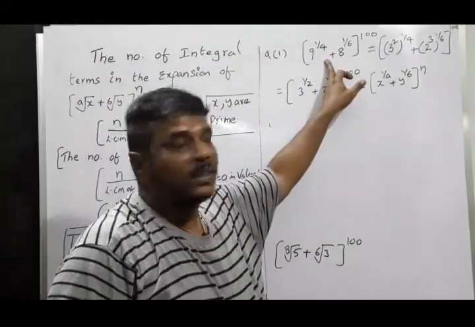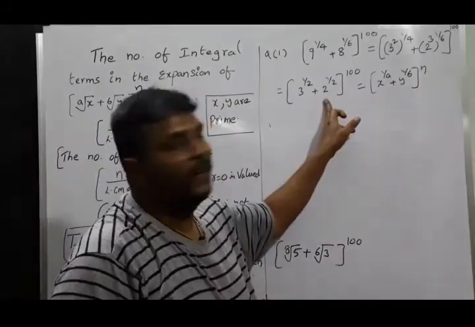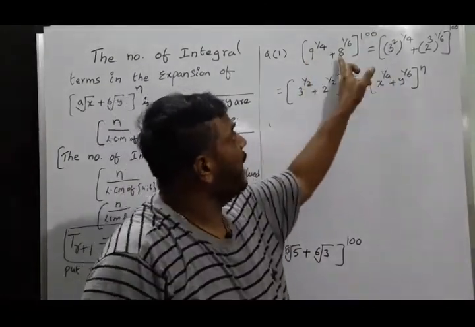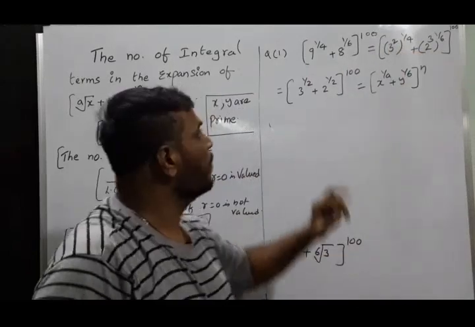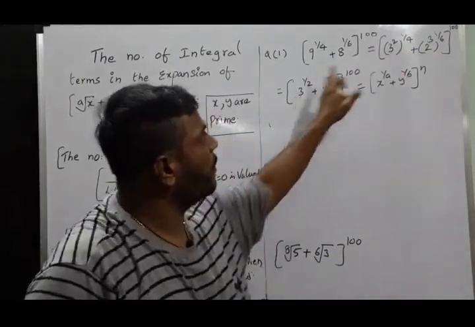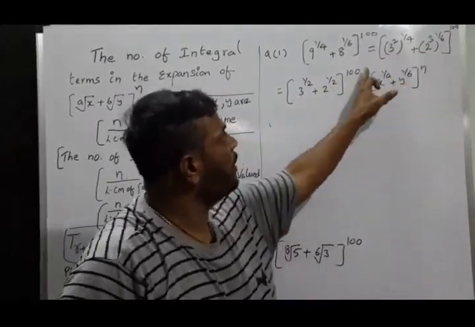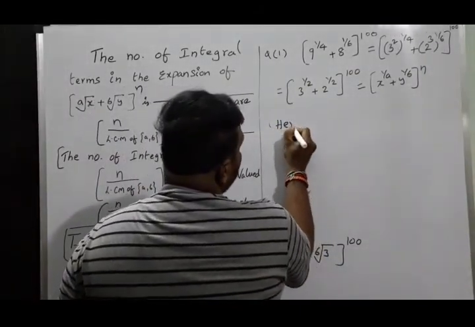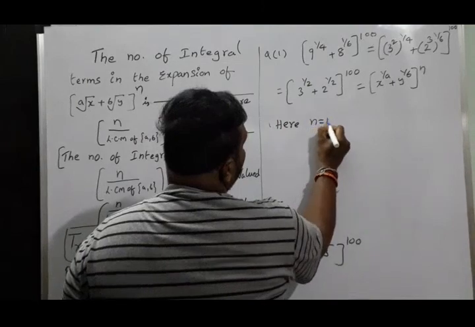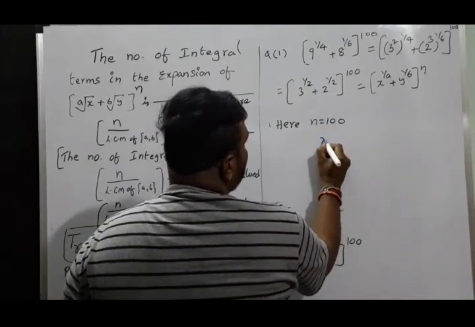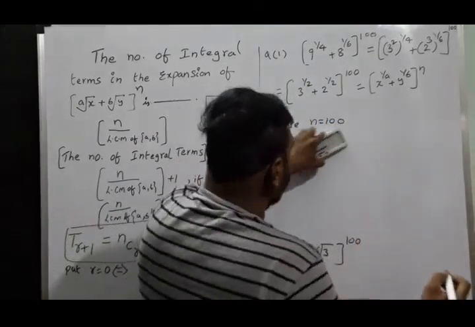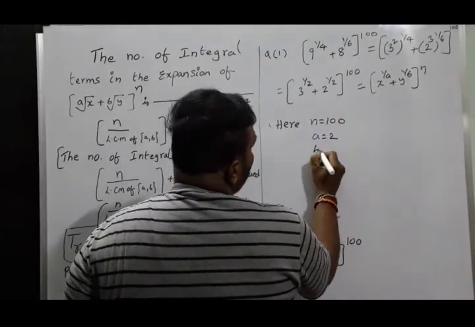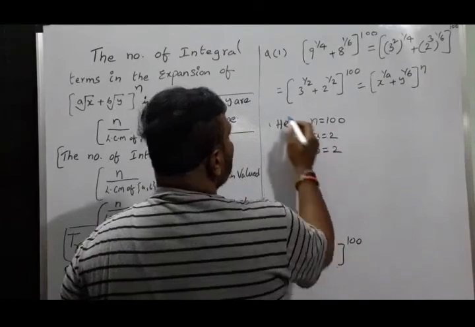That's why you have to convert this into this form: 9 is 3 squared, 8 is 2 cubed. Then this becomes (3^(1/2) + 2^(1/2))^100. Here n = 100, x = 3, a = 2, b = 2.